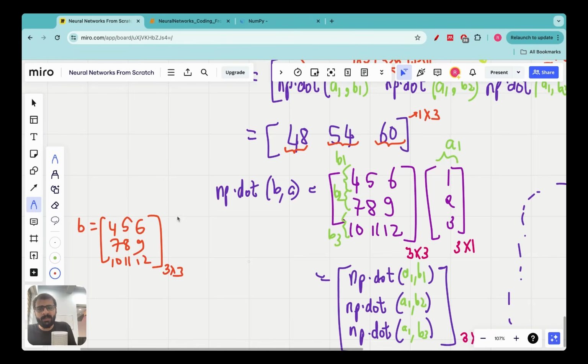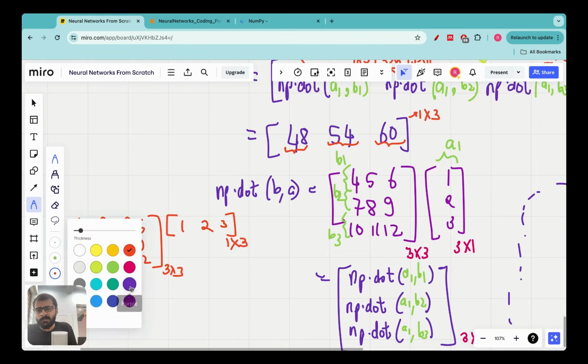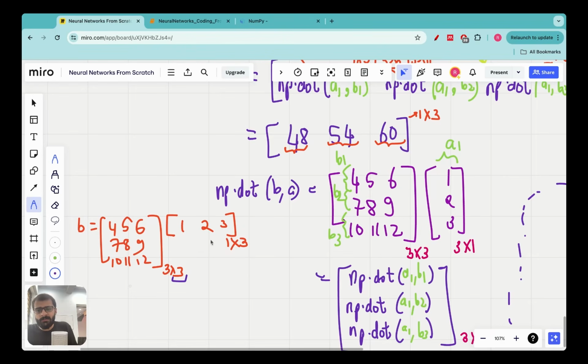But it cannot just write matrix A as a row vector 1, 2, 3, because if it writes it like this it will have one row and 3 columns, and then these two matrices cannot be multiplied because the columns of the first matrix are not equal to the rows of the second matrix. So that's why the second matrix has to be represented in the column format. So that's why it represents A in the column format, which is 3 by 1.